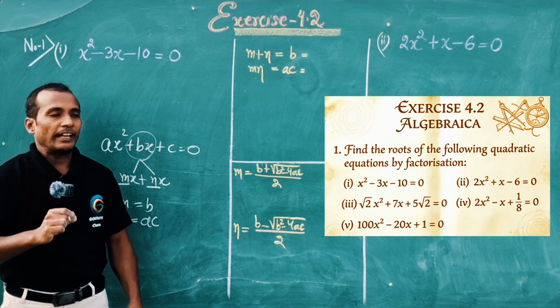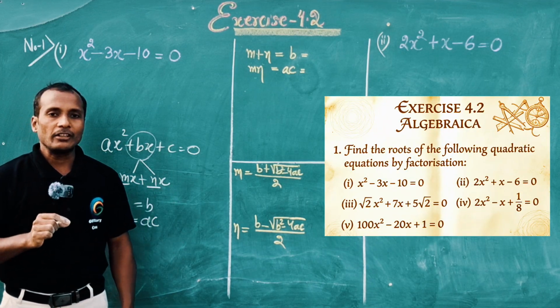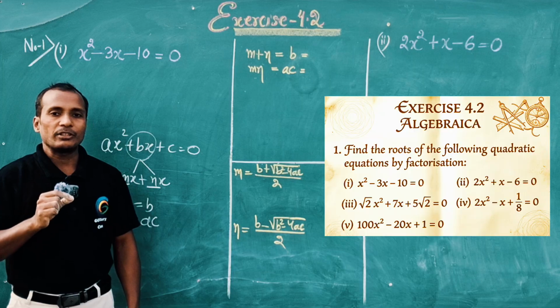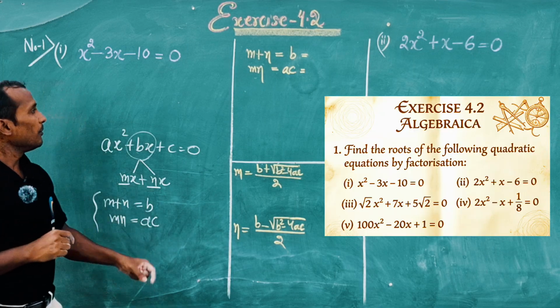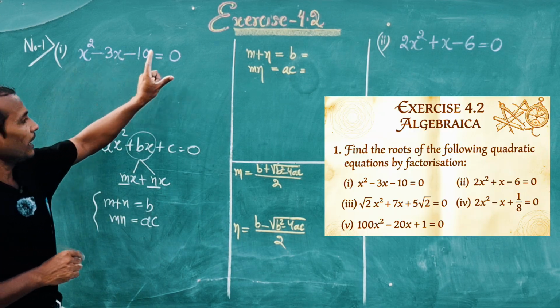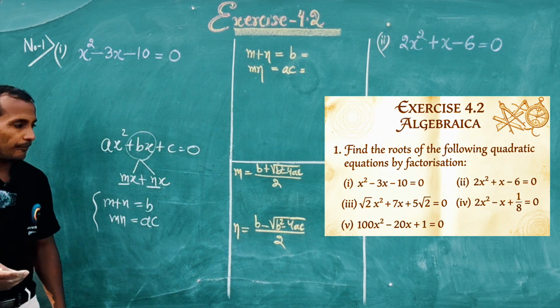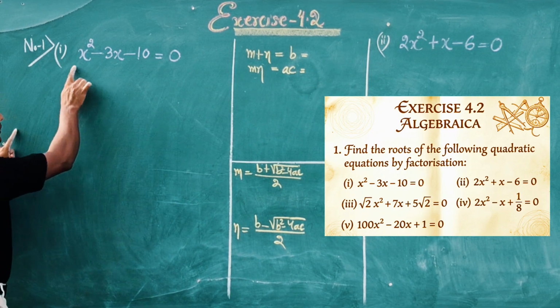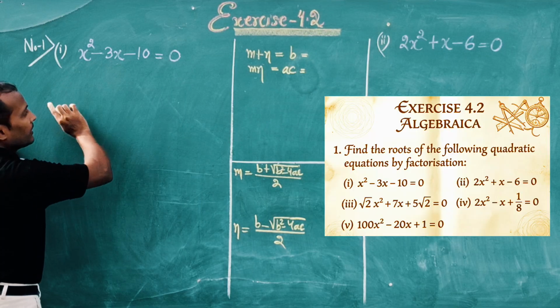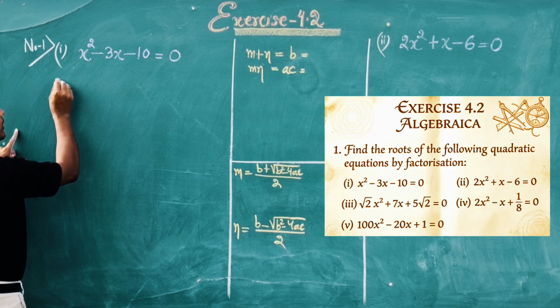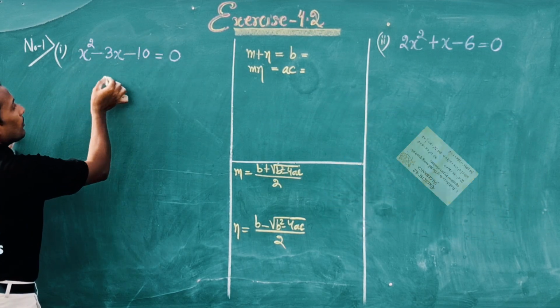In the first question, as you can see on screen, the instruction is to solve all the quadratic equations by factorization method. I have already written the first and second parts of question number 1. Let us solve them. The first question is x square minus 3x minus 10 is equal to 0. You must see whether this is in proper order or not.